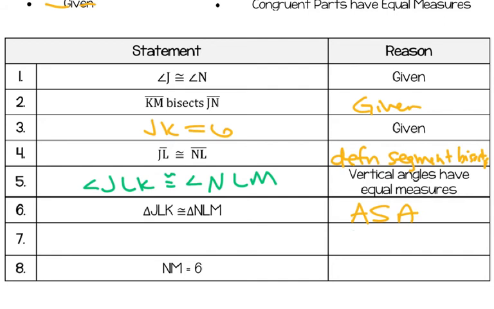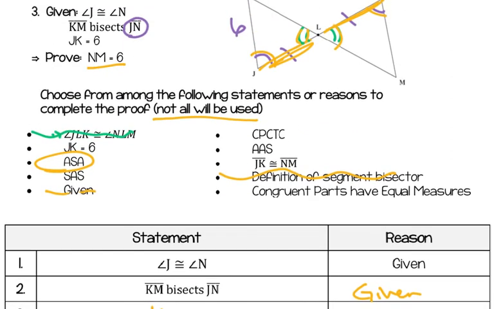Okay, so now that I've proven the triangles are congruent, what do I have to do? Coming back and looking at what I'm trying to do again, I just proved that this triangle was congruent to this triangle. And I'm trying to prove that NM is 6. So I can't just say that this is 6 because I have a little step to get through first. I am going to cross out real quickly in my reasons here SAS and AAS because I'm not going to be using those. I've already used my angle, side, angle. The other two were just there to distract you, okay?